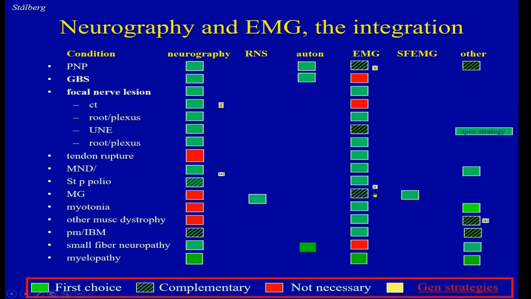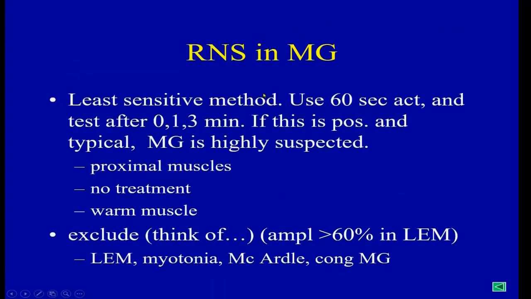So if we start with repetitive nerve stimulation, we use a 60 seconds activation and then test directly after, and after 1 minute and 3 minutes. And if we have a decrement that is typical, the saddle-shaped pattern of the rep stim, then myasthenia is highly suspected.